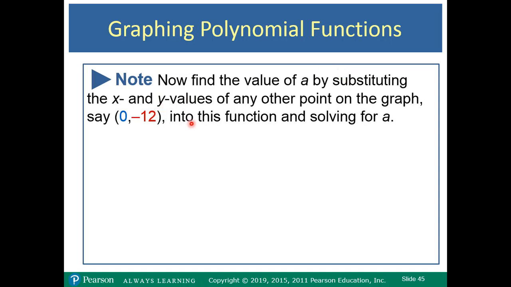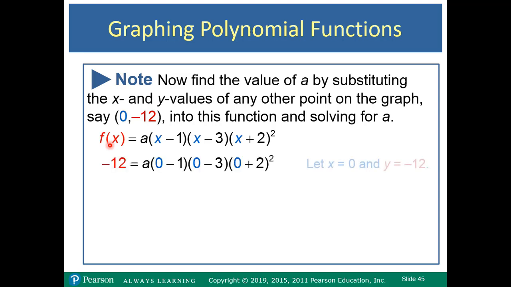Okay, so now find the value of a by substituting the x and y values of any other point on the graph. So here we can use the y-intercept, put it into the function, and then solve for a. So we have to have an a here. And so we're going to substitute in 0, and this should equal -12.